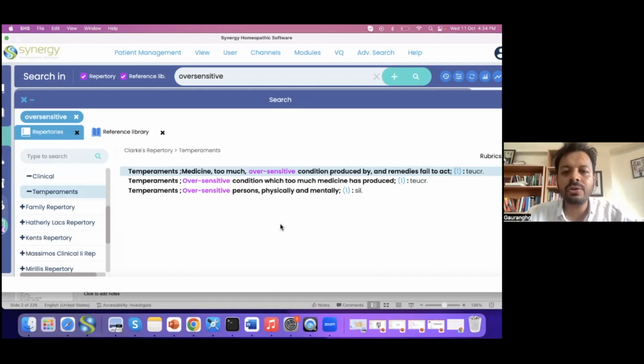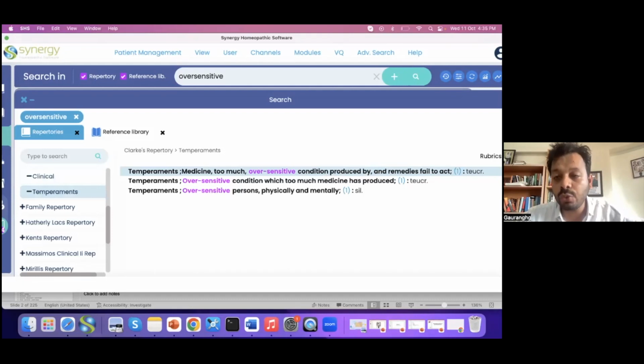When a patient comes to you and tells you that every remedy that doctors give me causes too much of an oversensitive condition, and my body reacts too oversensitively to every remedy that you're giving me, doctor, there is a rubric for that. Temperament, medicine too much oversensitive condition produced by and remedies fail to act.